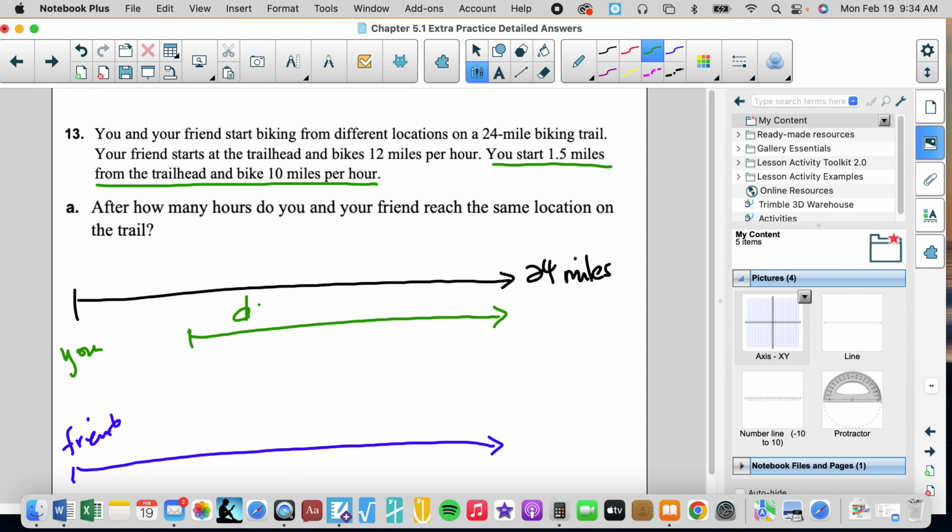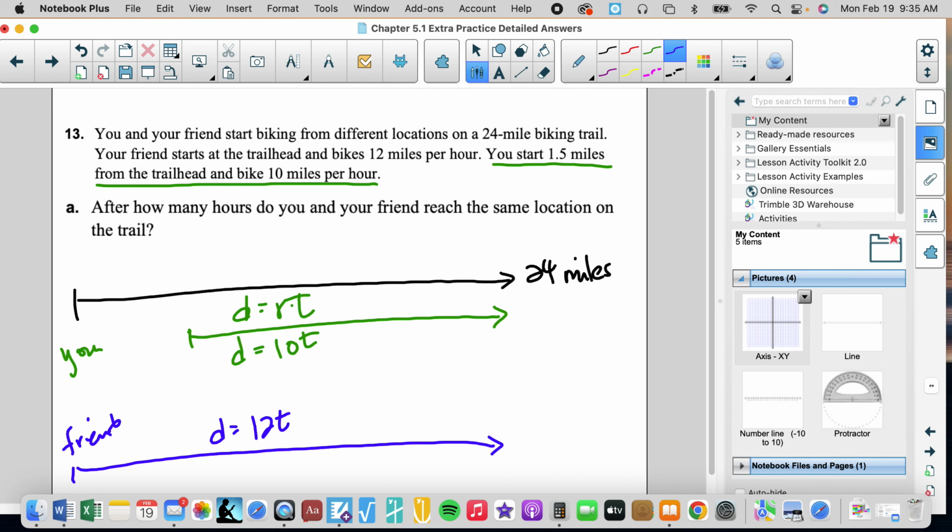So distance equals rate times time. We know that time's going to be the same because they start at the same time. It's just they're traveling at a different rate. So you're going 10 miles per hour. Your friend's distance is going to be 12 miles per hour times the same time.